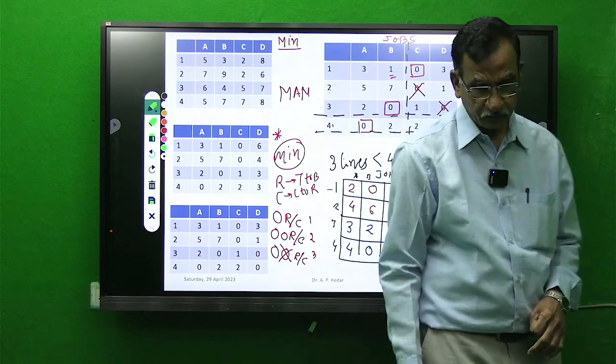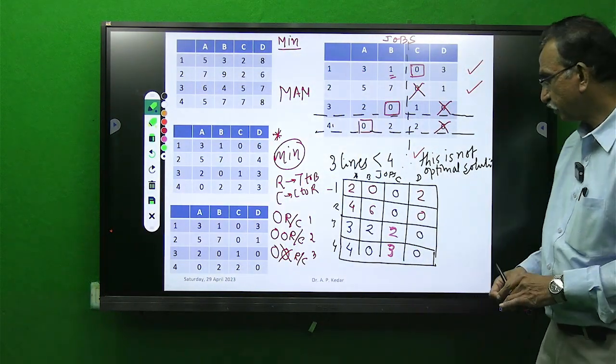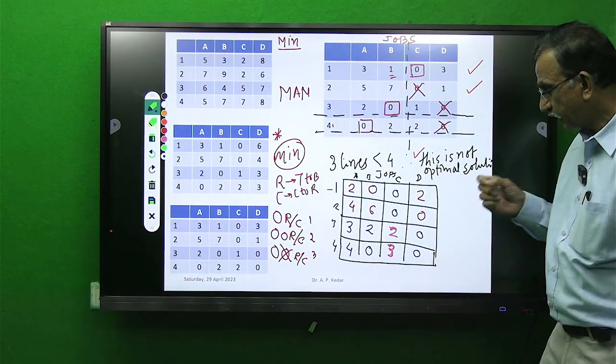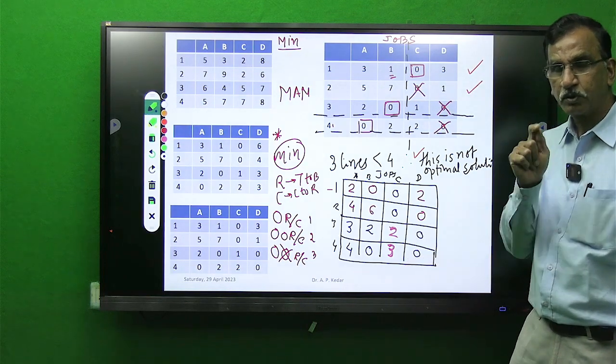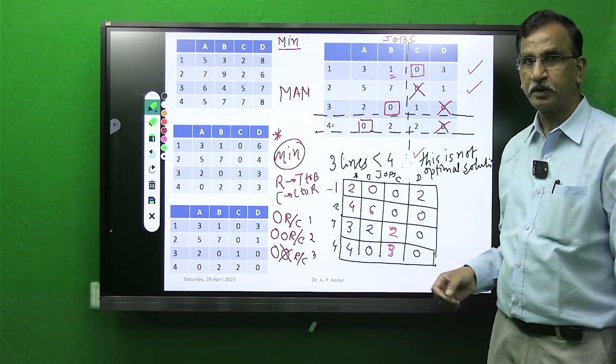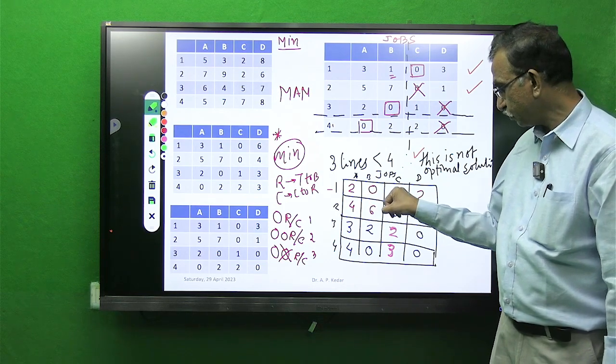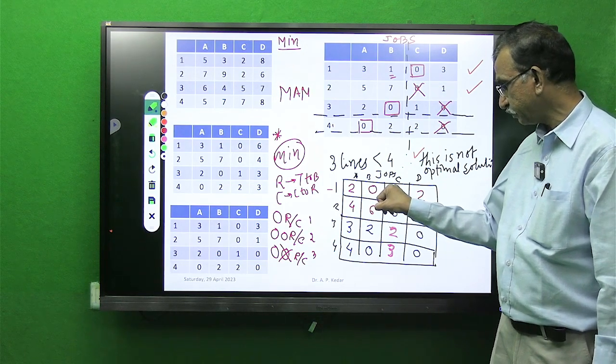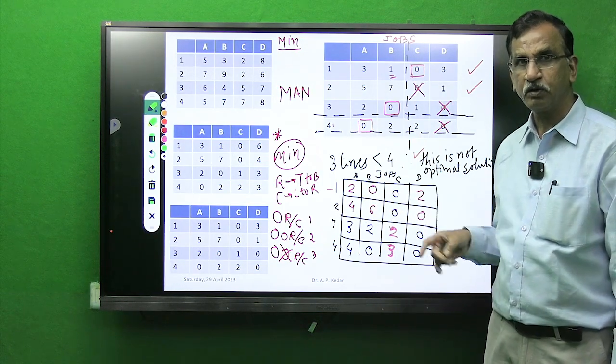Students, being the first problem, I have used different colors for your understanding of how the different values are obtained. The red values are obtained by subtracting the minimum value.